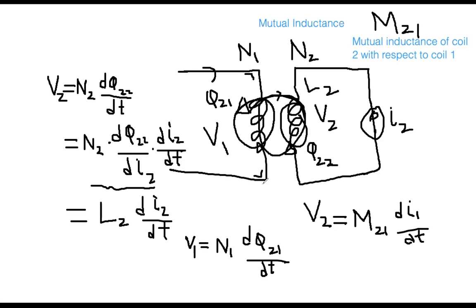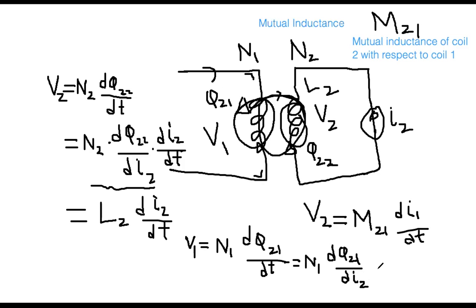You should write this out. This phi 21 is the mutual flux, which is linking both coil number 2 and coil number 1. So therefore, from here, what you can write? N1 d phi 21 by di2, and then di2 by dt.